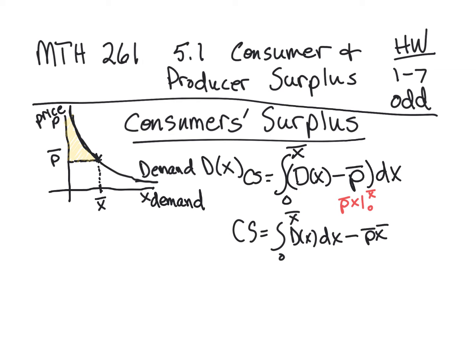And it's fine if you want to do it that way. I think your book uses different notation, but understanding what it is is more important right now: to see that it's just the area between these two curves, between the demand curve and the P bar curve from 0 to x bar.